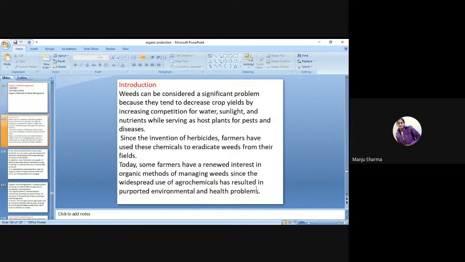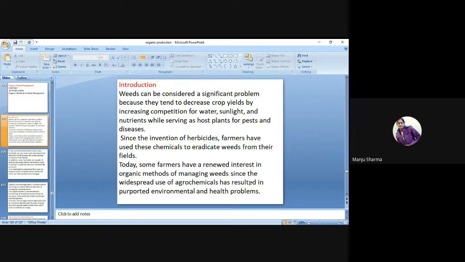The introduction is that weeds can be considered a significant problem because they tend to decrease crop yield by increasing the competition for water, sunlight, and nutrients while serving as host plants for pests and diseases. Weeds are unwanted plants and we have to remove them without using any kind of chemical in organic farming.